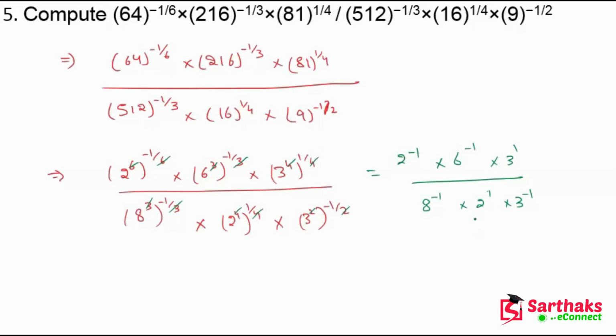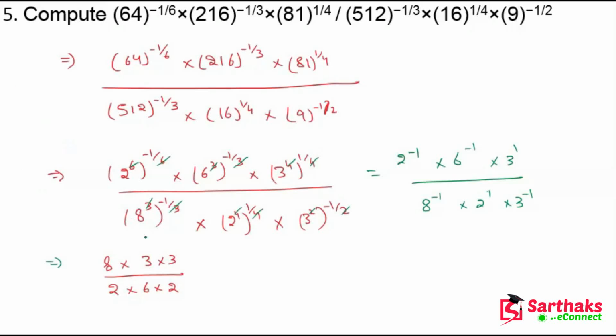Okay, understand? So if we make the powers positive, this 2 comes in the denominator, and this 6 comes in the denominator, and this 8 and 3 go in the numerator. So this will become 8 into 3 into 3, divided by 2 into 6 into 2.